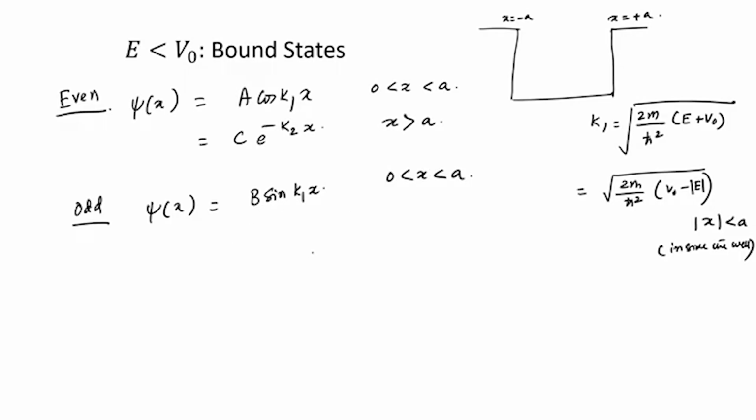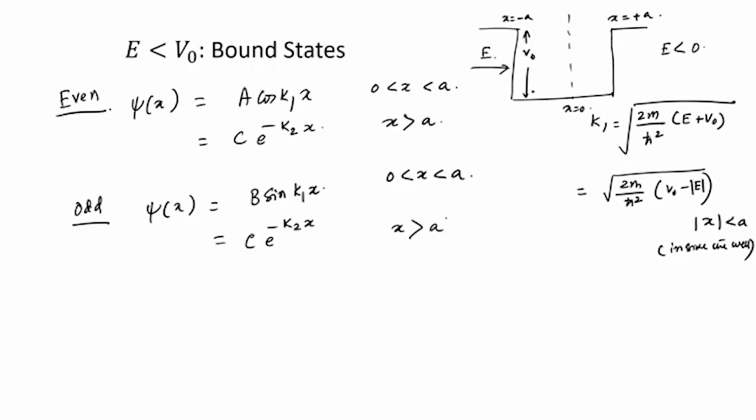This is your x equal to 0, and this is V 0, and energy is negative, but it is greater than minus V 0. And this is equal to some c exponential minus k 2 x for x greater than a.